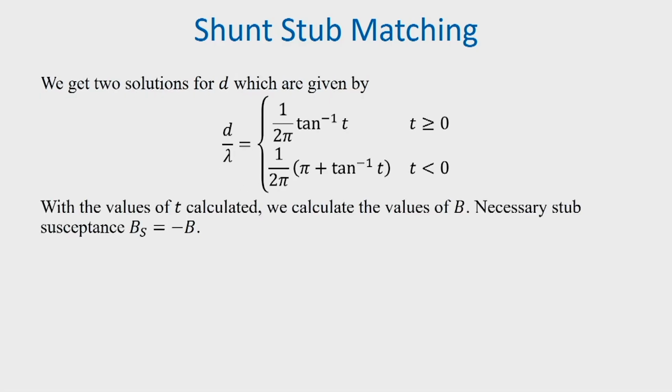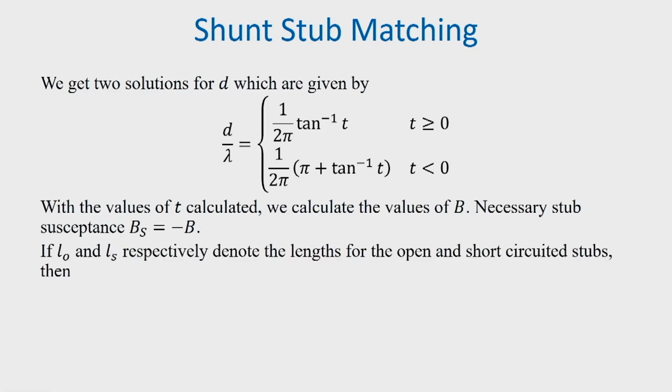And once the values of T are calculated, we can calculate the value of B by substituting the value of T in the expression for B. Since we are having two solutions for T, we will also get two solutions for B, and the necessary stub susceptance Bs is equal to minus B.